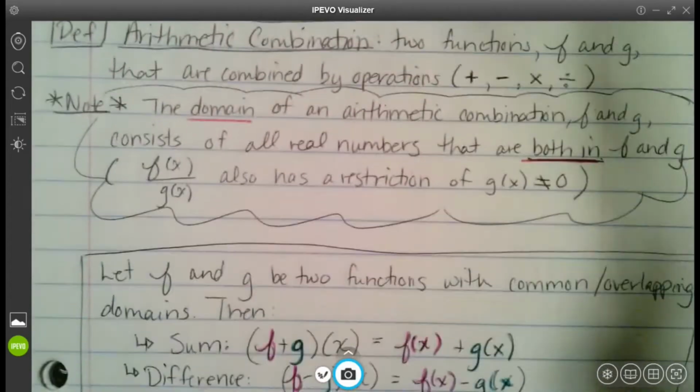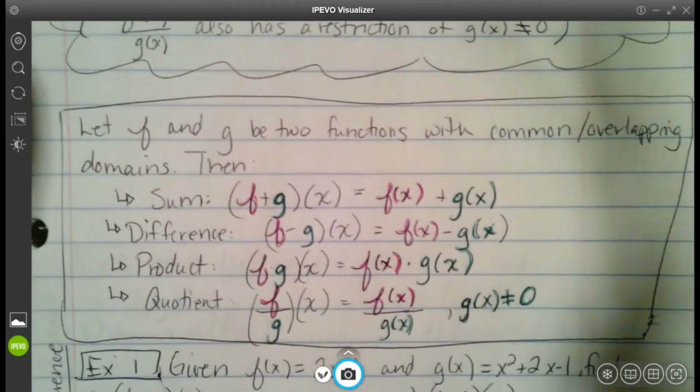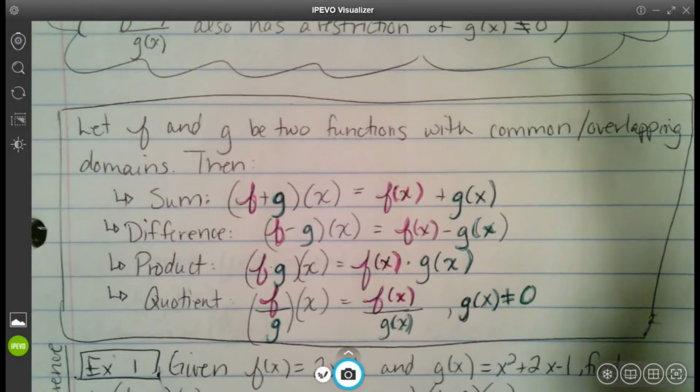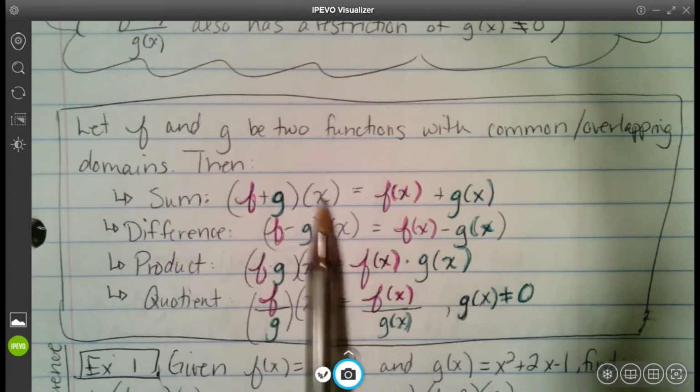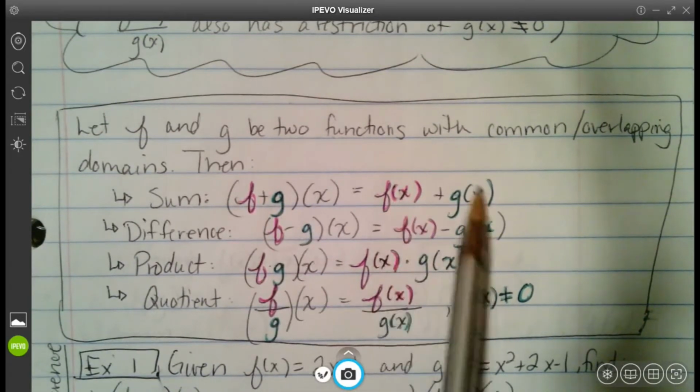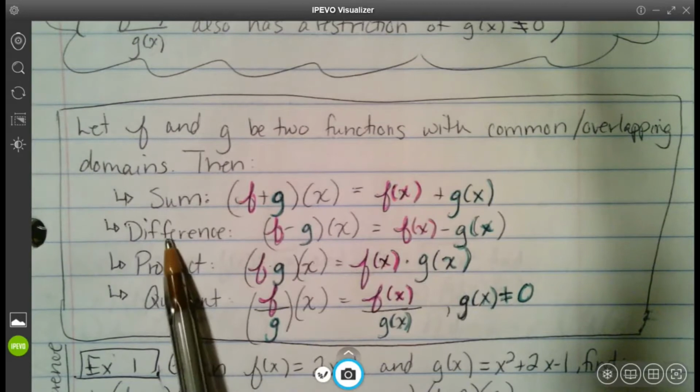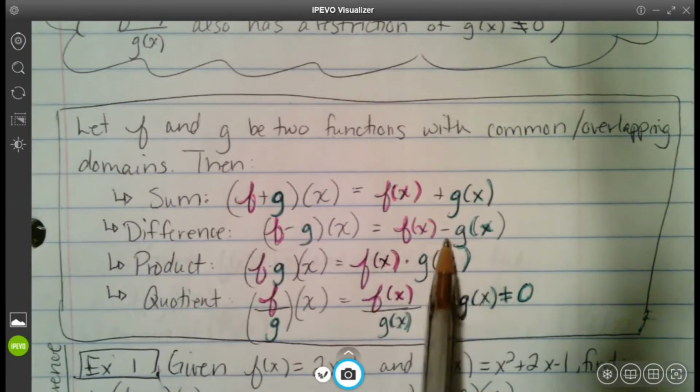We're going to put a few more formulas for you. Let f and g be two functions with common or overlapping domains. Either of those means the same thing. Then the sum can be defined by f plus g of x, which is just the f function plus the g function. The difference is the same thing, except now we're subtracting.